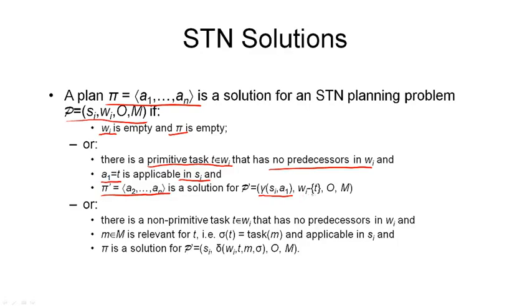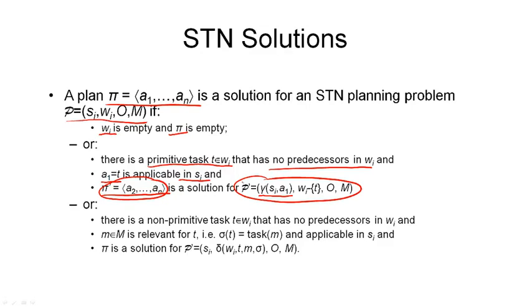And we remove the task t from our task network. And of course we also remove all the edges connected to t. The operators and methods remain the same. So if our slightly shorter plan is a solution for our modified planning problem, then we know that the longer plan is also a solution to our original planning problem.